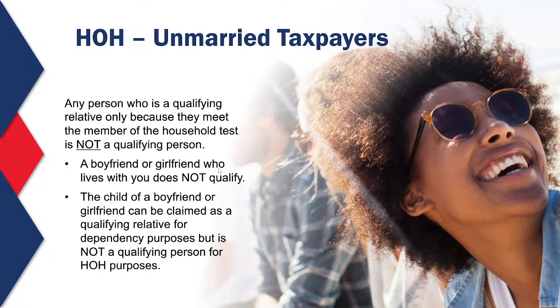So, like I said, a boyfriend or girlfriend or their children who live with you does not qualify you to do head of household. The child of a boyfriend or girlfriend can be claimed as a qualifying relative for dependency purposes, but is not a qualifying person for head of household purposes. This person is going to file single in both of these situations, because that's the only option that's going to be available to them.